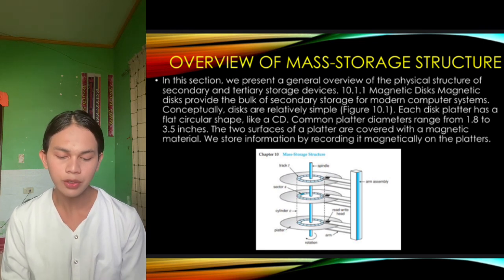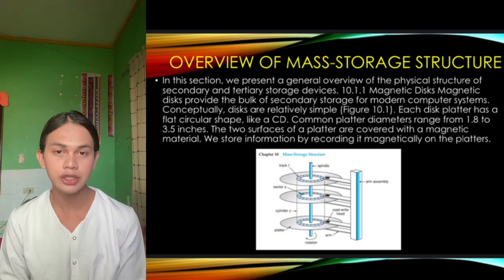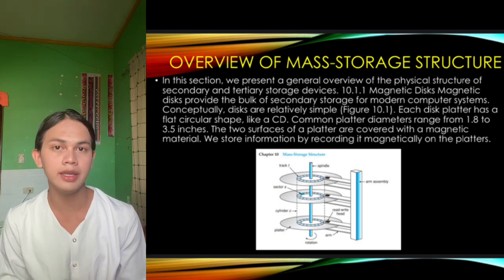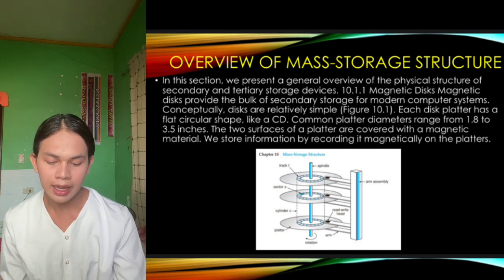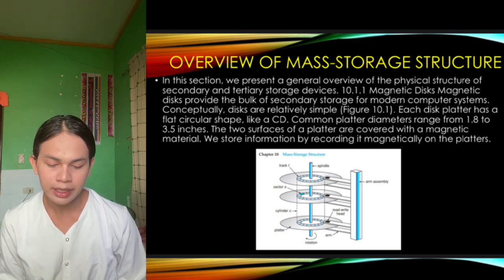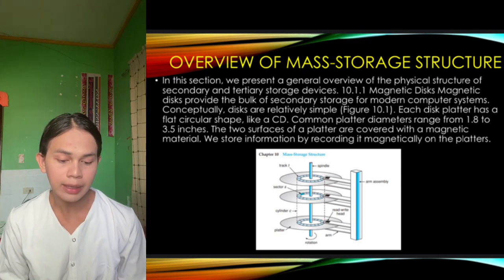As you can notice in the picture that I provide in my presentation, there is a picture of the magnetic disk.